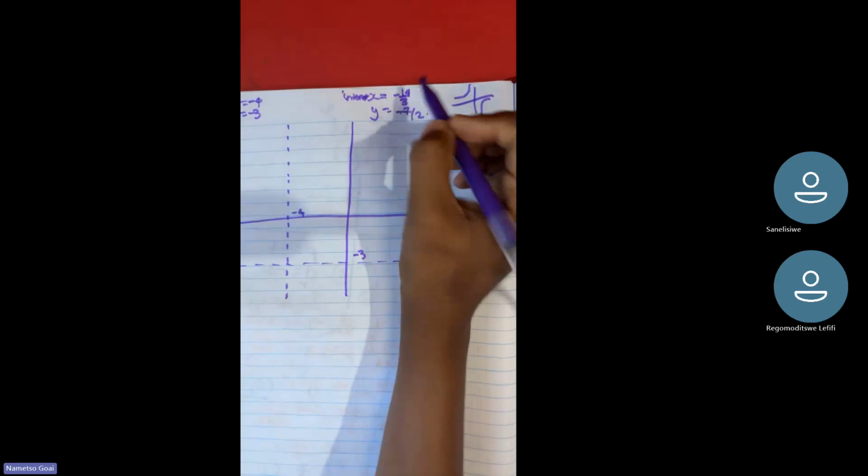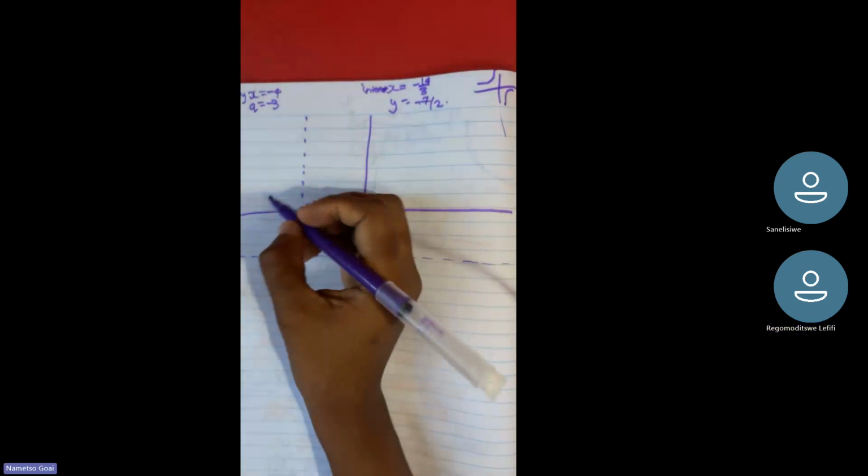Can somebody put negative 14 divided by 3 into the calculator for me? Negative 4.6. So it would approximately be over here. Then negative 7 divided by 2? Negative 3.5. So it's most likely to be here.